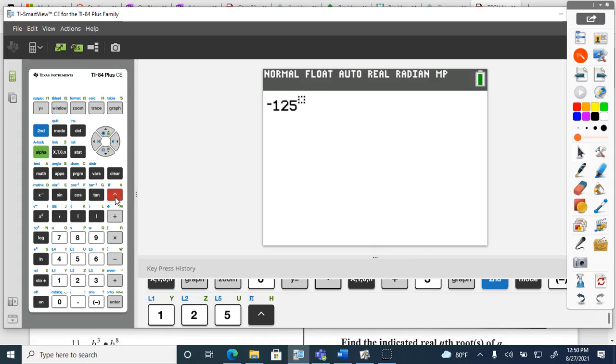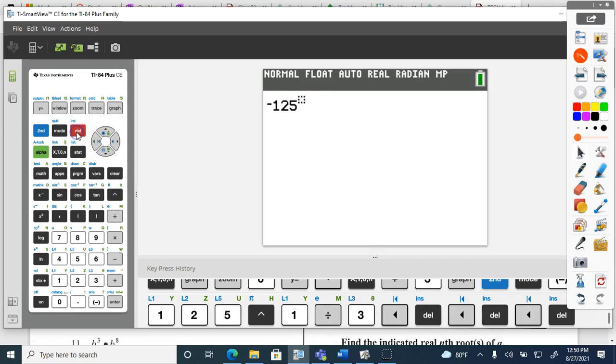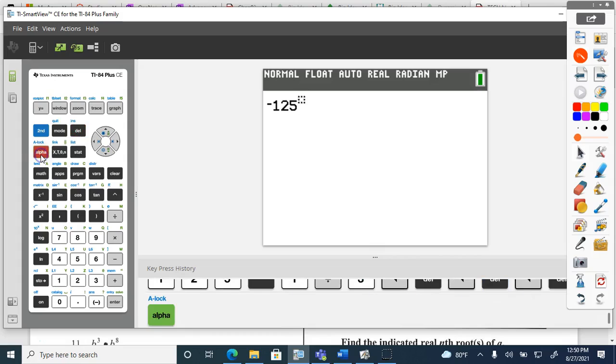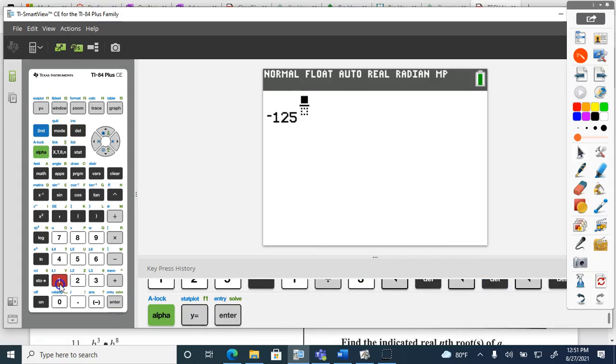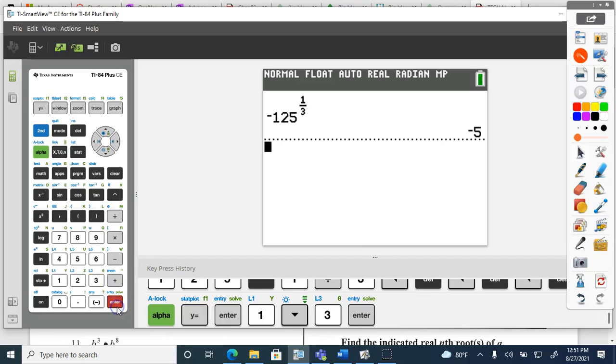Exponent, and to make a fraction, you can do this one of two ways, okay? You can either just say 1 divided by 3, or you can say alpha y equals enter, and it will actually look like a fraction. So however you want to do it, it gives you the same answer, okay? -5. And then you hit what? Enter. -5. Okay?